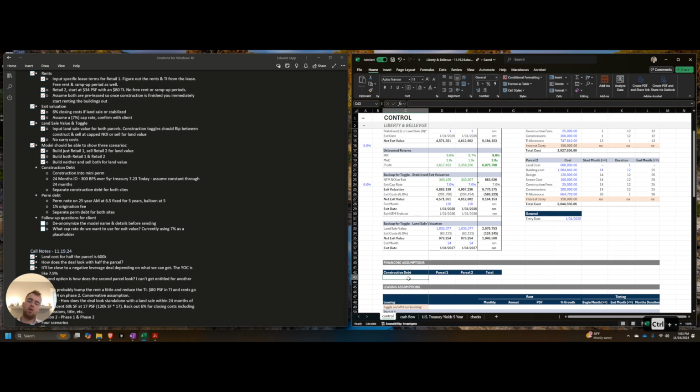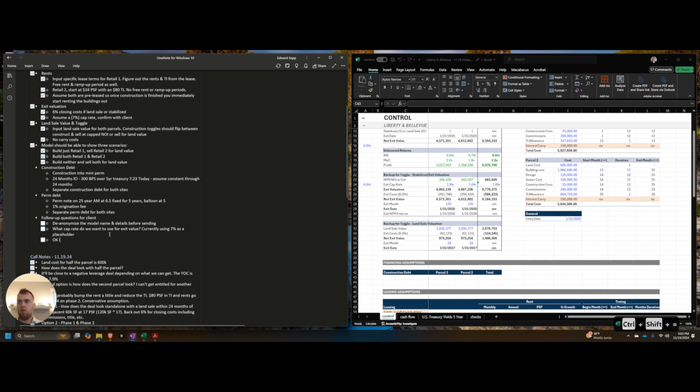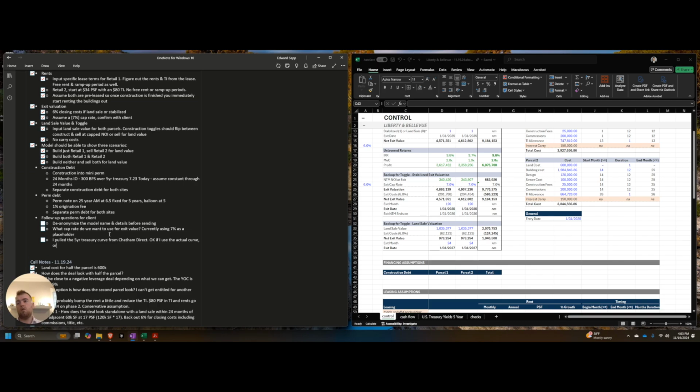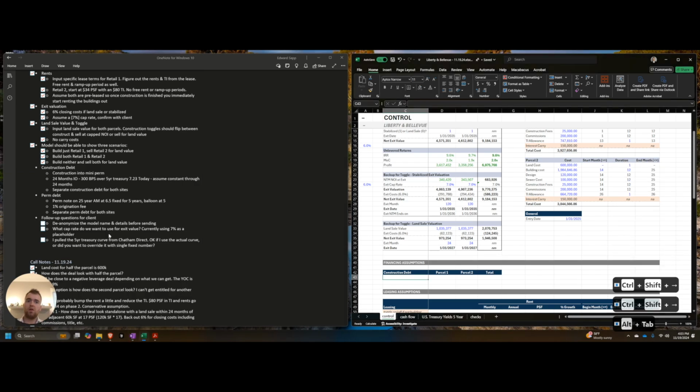5-year Treasury. 5-year Treasury curve from Chatham Direct. Did you want to override it with a fixed? So spread to Treasury. So Treasury rate at entry. So what I'm trying to say is you have this construction debt.